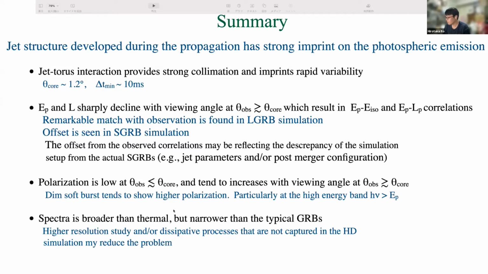One direction is to perform a high resolution study to check whether resolution can change the situation, or another possibility is that a population of non-thermal particles is necessary to produce the spectral broadening. But this is just a discussion. We definitely need updates in the simulation to pin down this issue.